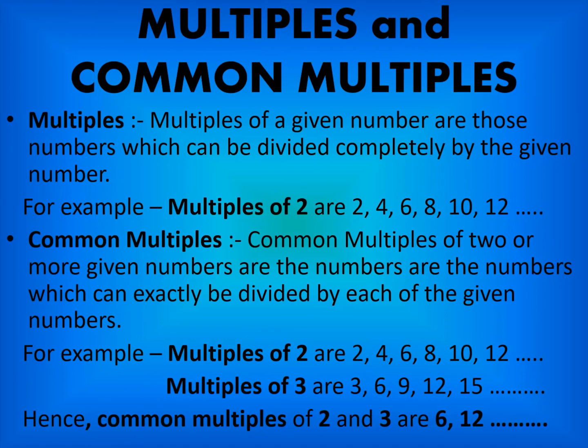As given in this example, multiples of 2 are 2, 4, 6, 8, 10, 12, etc. And multiples of 3 are 3, 6, 9, 12, 15, etc. So, common multiples of 2 and 3 are 6 and 12.